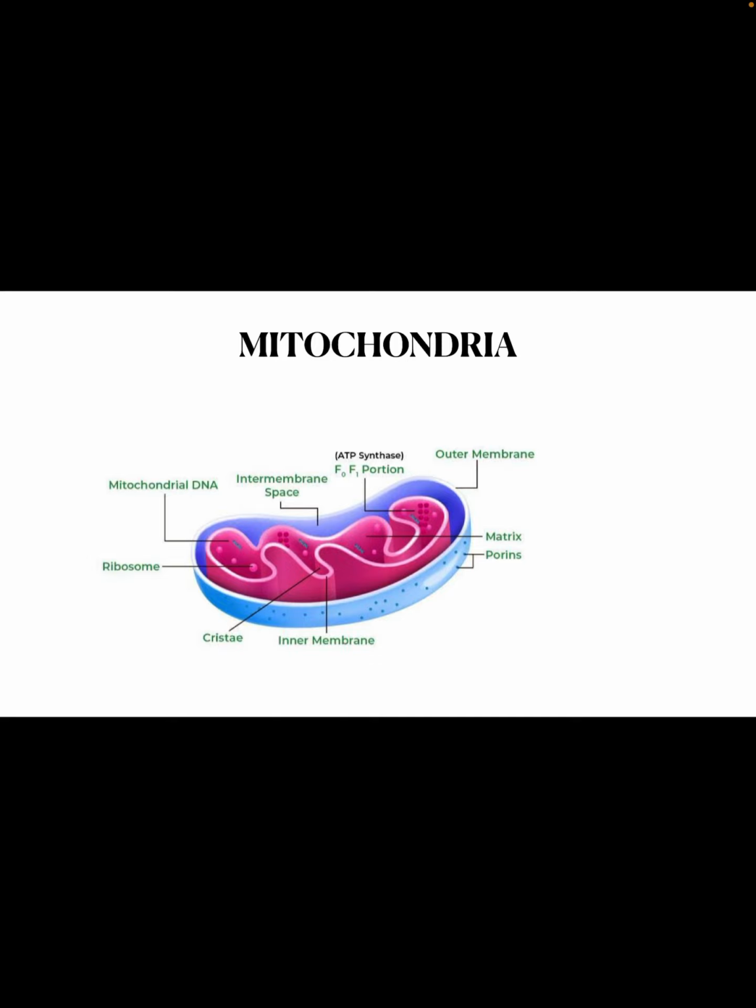The inner membrane forms many fold-like cristae. In the inner membrane, through the electron transport chain, and adenosine triphosphate is synthesized through oxidative phosphorylation. And mitochondria are the power generating units, called the powerhouse of the cell.